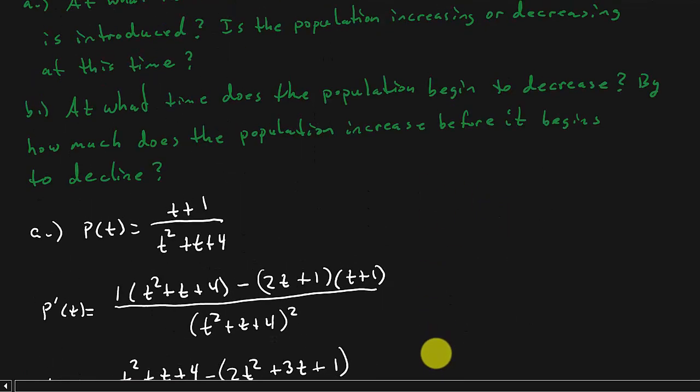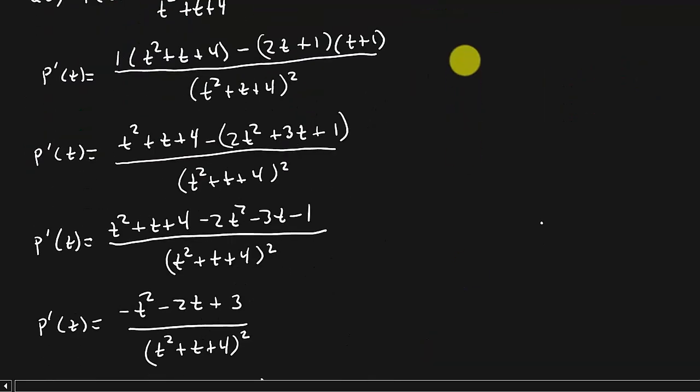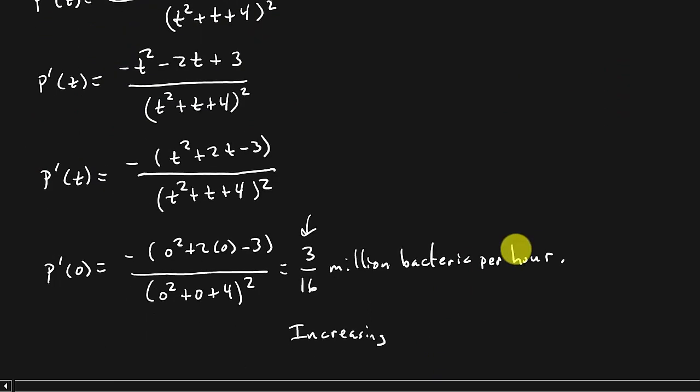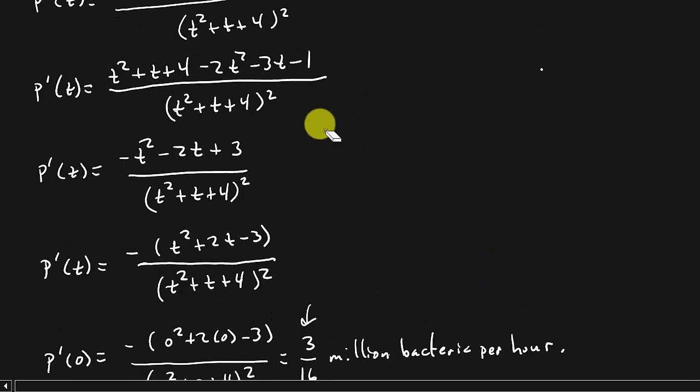Now, what does part B say? It says, at what time does the population begin to decrease, and by how much does the population increase before it begins to decline? So here we're going to do part B. Let's move it up just a little bit in case we need more room.